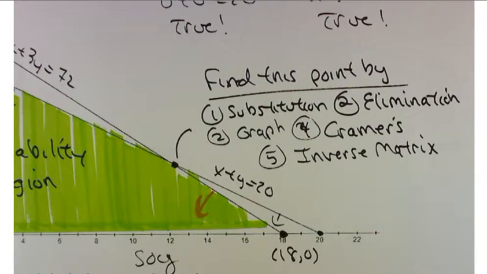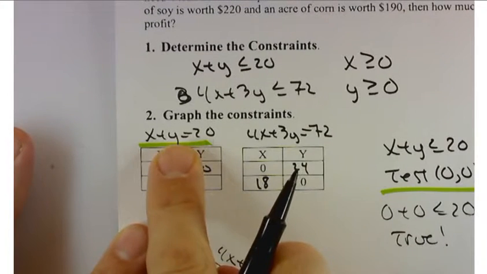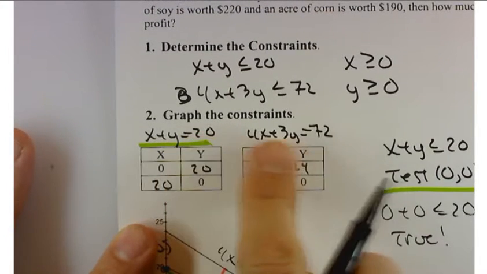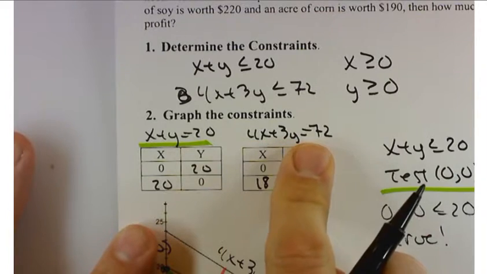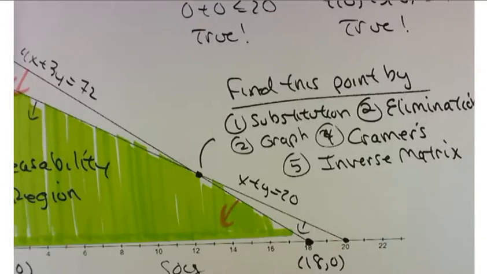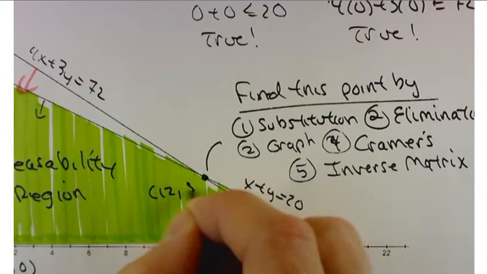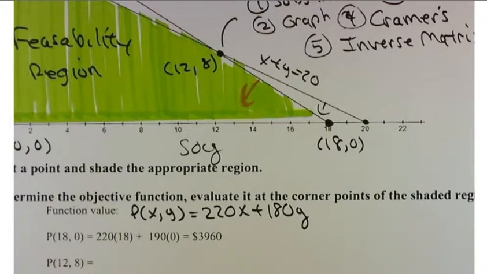Can anyone just use the graph? Tell me what the solution is? 12, 8. Now, you can be sure of that because if you come up here, 12 plus 8 equals 20. 4 times 12 plus 3 times 8, 48 and 24 is 72. So 12 and 8, bless you, is our solution.